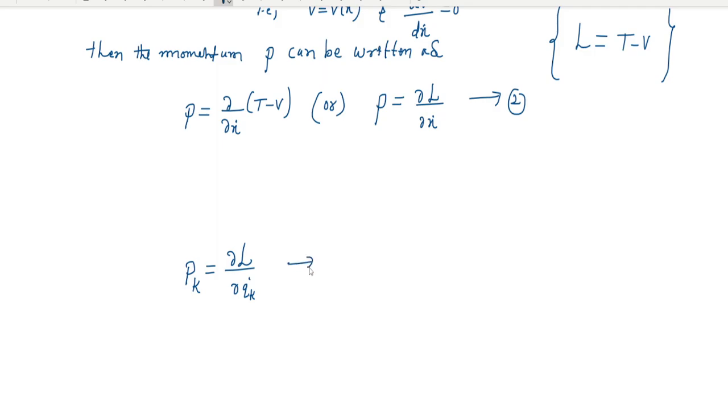This is equation number 3. This is called the conjugate momentum or canonical momentum. I should write down the note here.